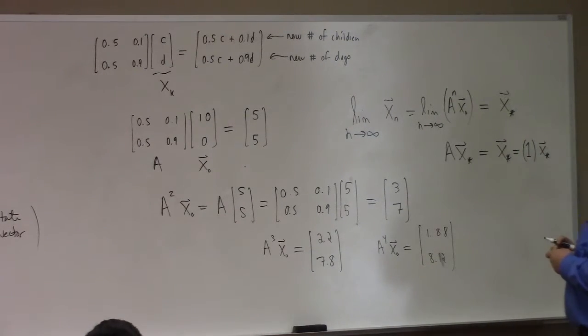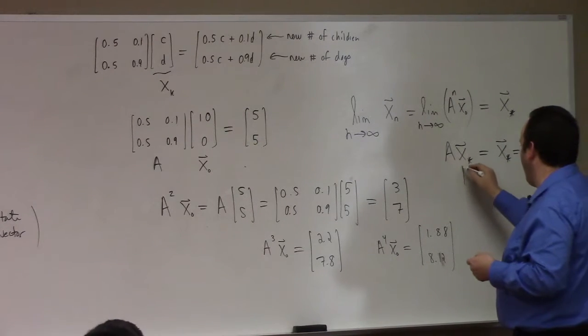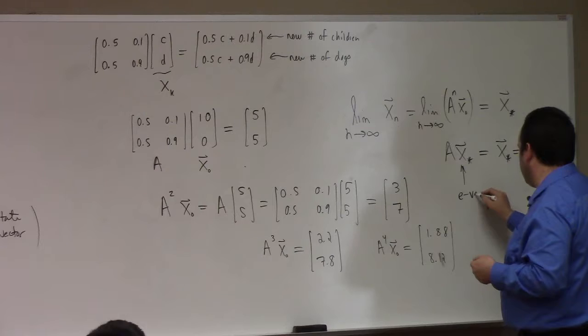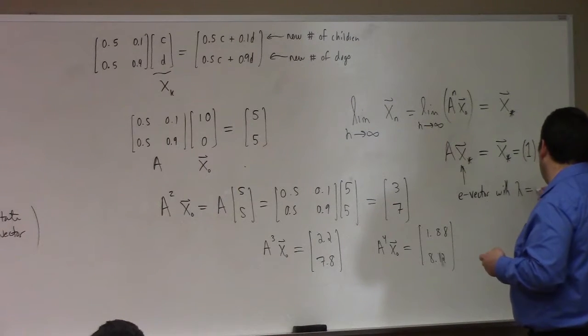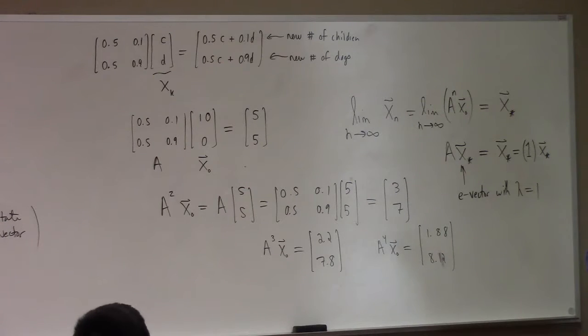That's the eigenvalue. Yes. So this is an eigenvector with eigenvalue lambda equals 1. So if you want to find the steady state solution to a Markov chain, find the eigenvector with eigenvalue 1.